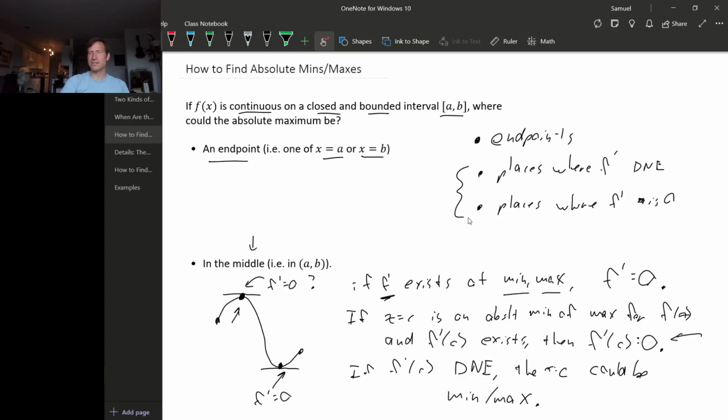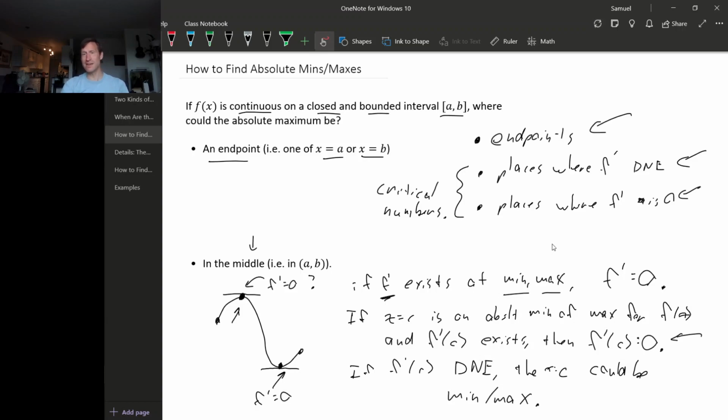These two categories, x values where the derivative either doesn't exist or is 0, are called critical numbers, or critical values sometimes. So to find absolute minimums and maximums, as long as we're continuous on a closed and bounded interval, there has to be an absolute minimum and an absolute maximum, and it has to be in one of these 3 places.